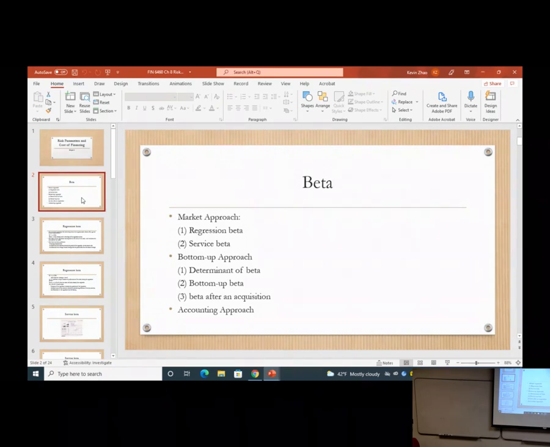What we have through regression is beta in the past. But in the equation, this is supposed to be the future beta. So keep in mind this regression beta shows you past beta, not the future beta.